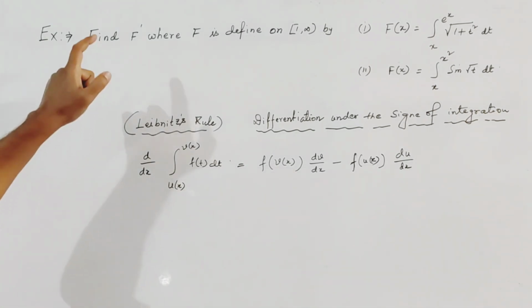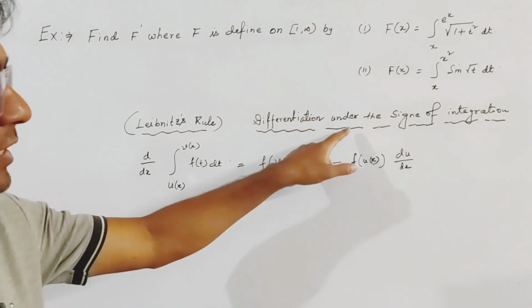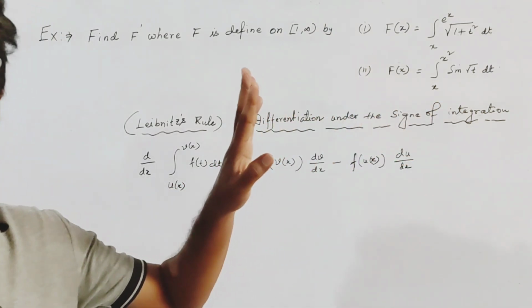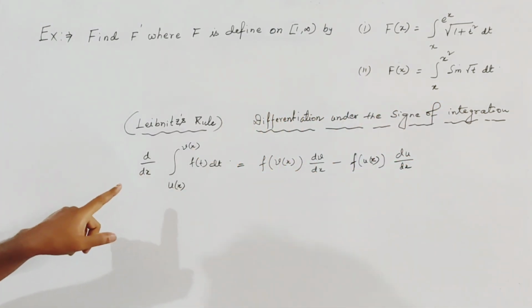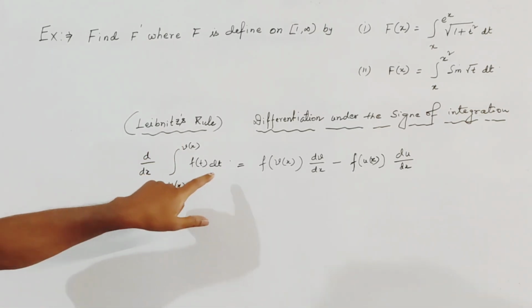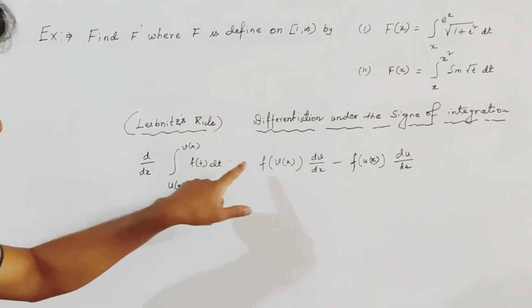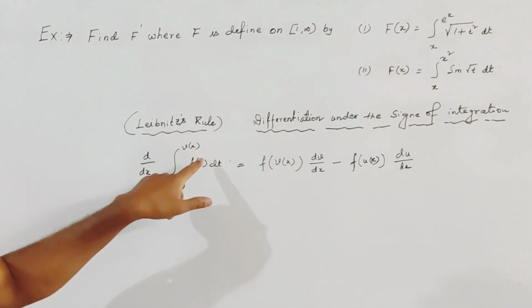Here we use the Leibniz rule of differentiation under the sign of integration. This is a very simple rule. The rule is: for the integral from u(x) to v(x) of f(t) dt, we have to differentiate this, and the rule is f of v(x).